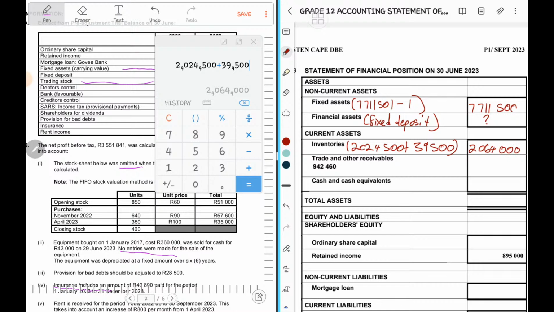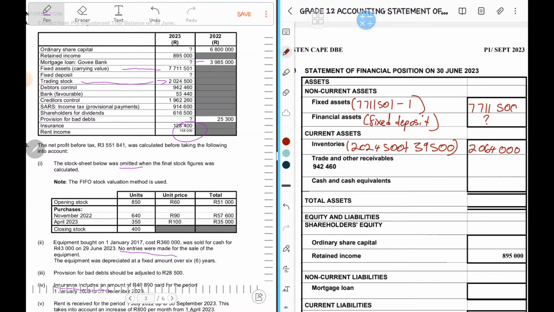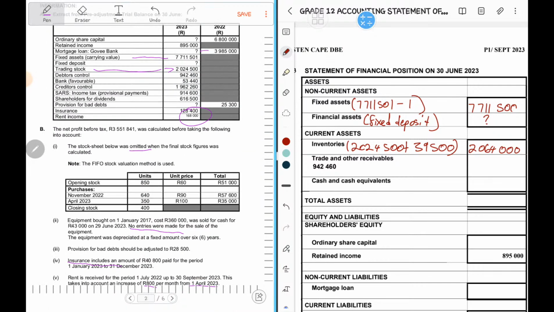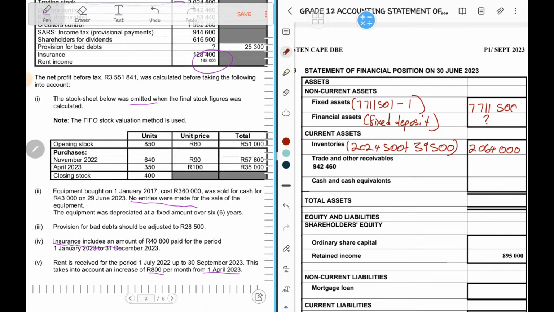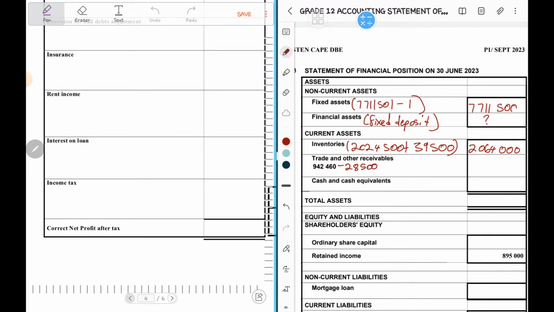Okay, then now we have to adjust the trade and other receivables. You remember there was a provision for bad debts, and provision for bad debts always decreases our trade and other receivables. Each year that we adjust that provision for bad debts, it decreased the trade debtors in fact. So we will be subtracting 28,500. Then we refer back to our other adjustments.